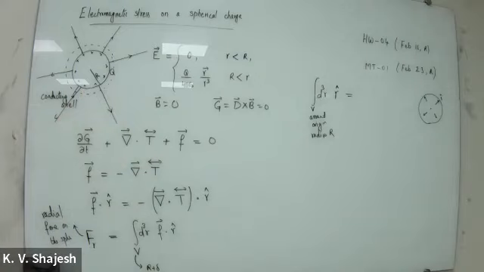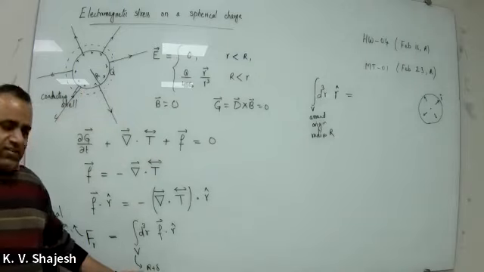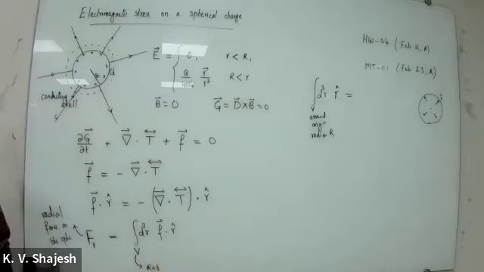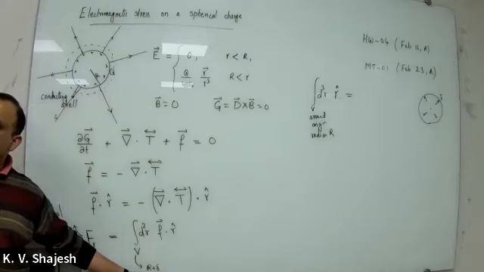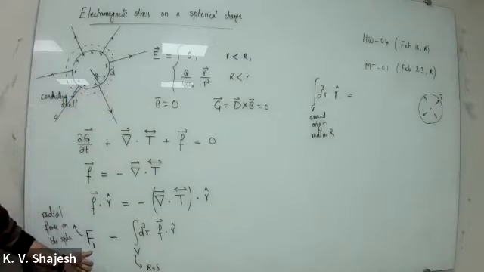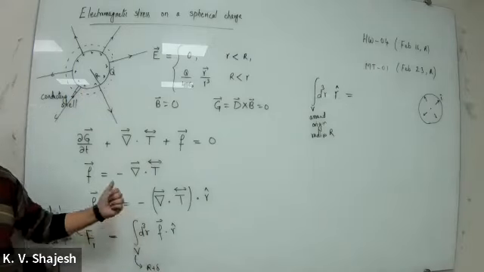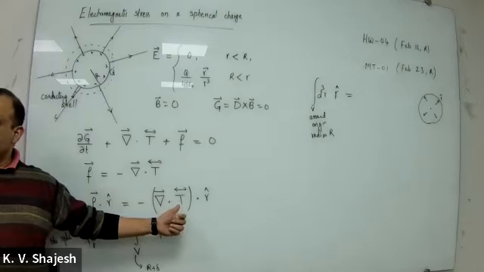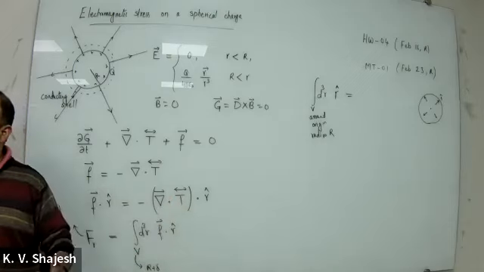Okay. If it is inside, what will this integral be equal to? If I had written R minus delta, what would be F? There will be a T dependence. T, remember, has electric and magnetic fields.